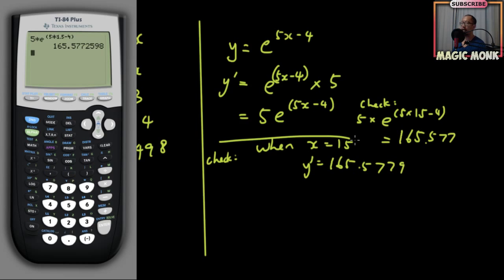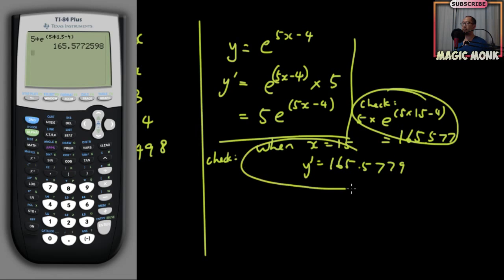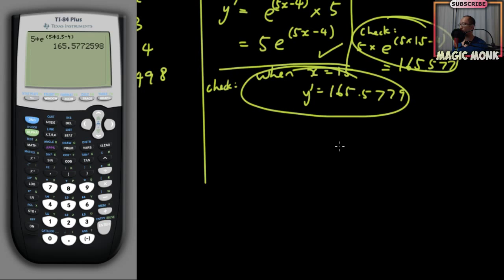So that's correct. Okay, this checking bit is optional. I'm just writing that to see that I'm doing it right. You don't need to do that. You just follow the chain rule.